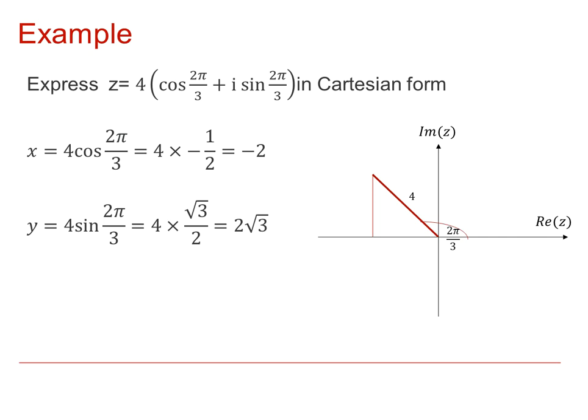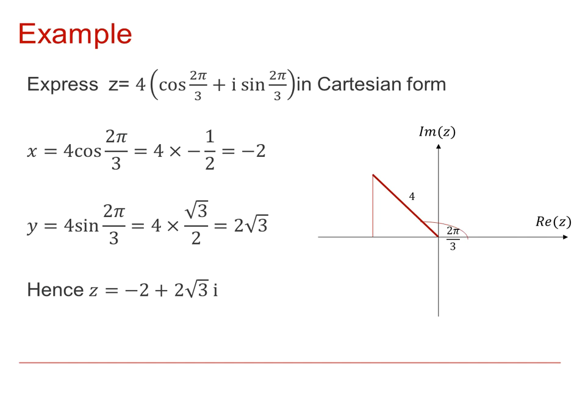Again, try and make sure that your calculator is in a calculating mode, so it does give you the surd form of these. So sine of 2 pi over 3 is root 3 over 2. Therefore, putting those into the Cartesian form, we get negative 2 plus 2 root 3i.